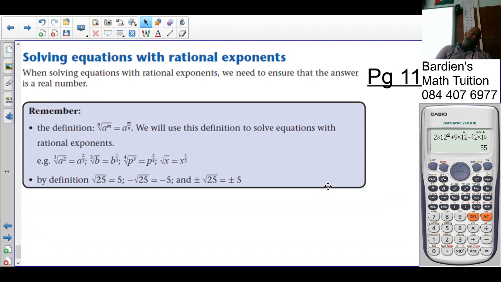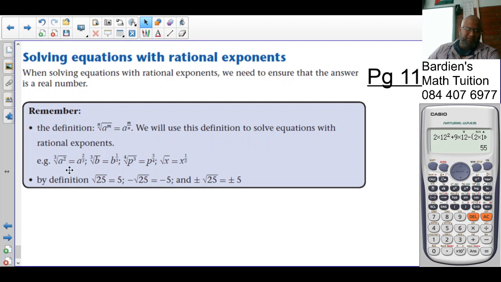When solving equations with rational exponents, we need to ensure that the answer is a real number. The definition, remember from last year, we said in grade 9 as well, the nth root of a to the exponent m is equal to a to the m over n. This part here. We will use this definition to solve equations with rational exponents.